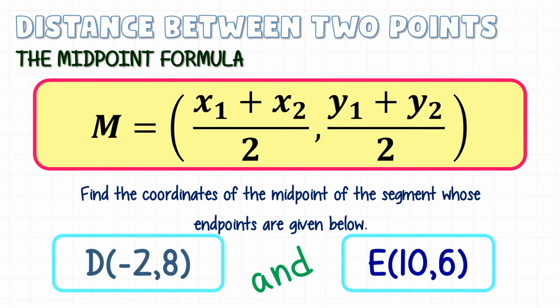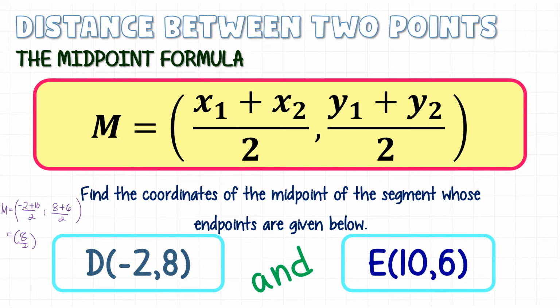Another one. We have the midpoint is equal to (x1 plus x2) divided by 2, (y1 plus y2) divided by 2. We have negative 2 plus 10, 8 over 2. Ay, sorry. Mali.